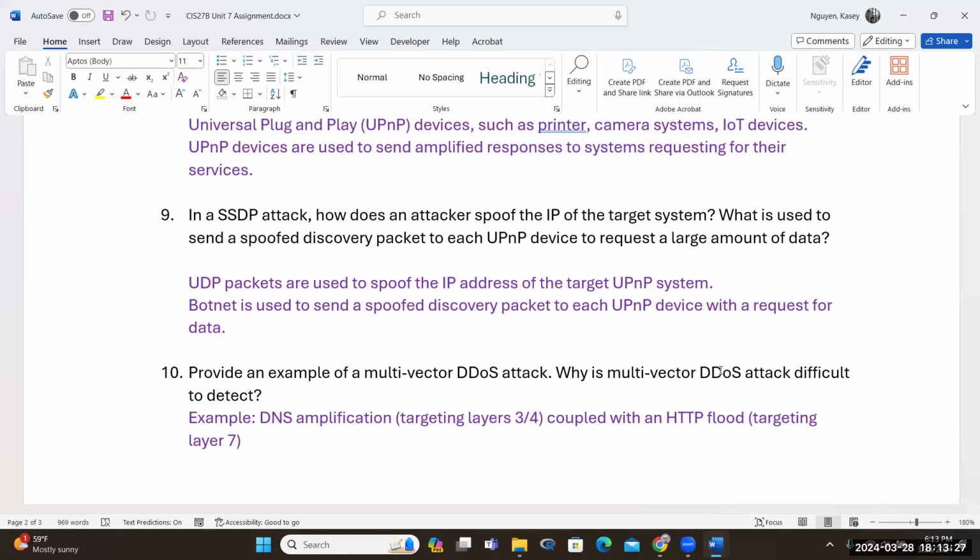For example, a DNS amplification attack, which uses network and transport, coupled with an HTTP flood, which is at the application layer. Whenever you see HTTP, that's the highest, layer 7. It can bypass some of the rules that are set for a specific attack. So multi-vector is simply different forms of attack combined.